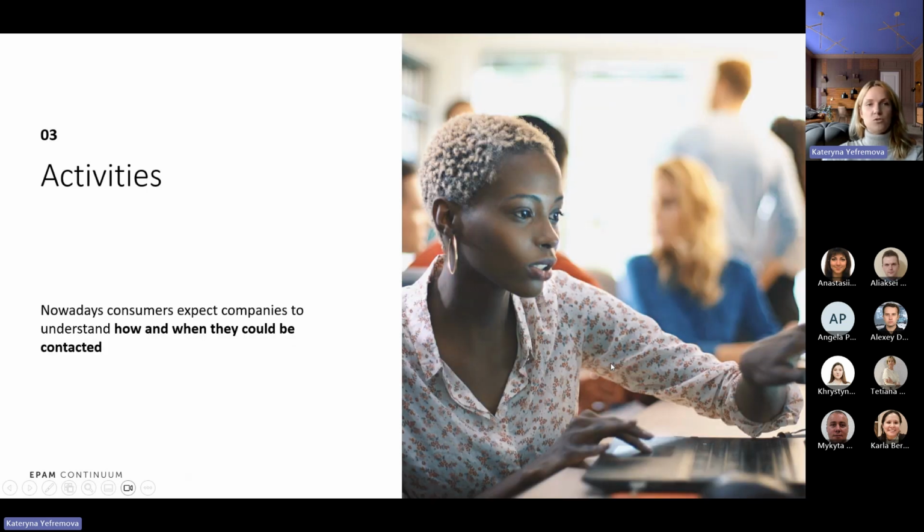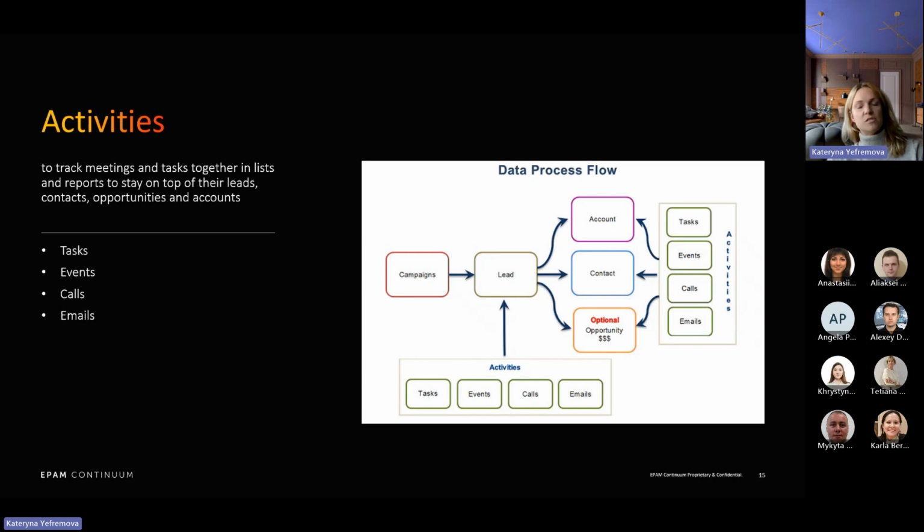So what I wanted to say is that then we have to start doing activities, because consumers expect us to provide some service. In terms of activities, they could be different: tasks, events, calls, emails, right? When we're talking about calls and emails, I remember the marketing team was mentioned.